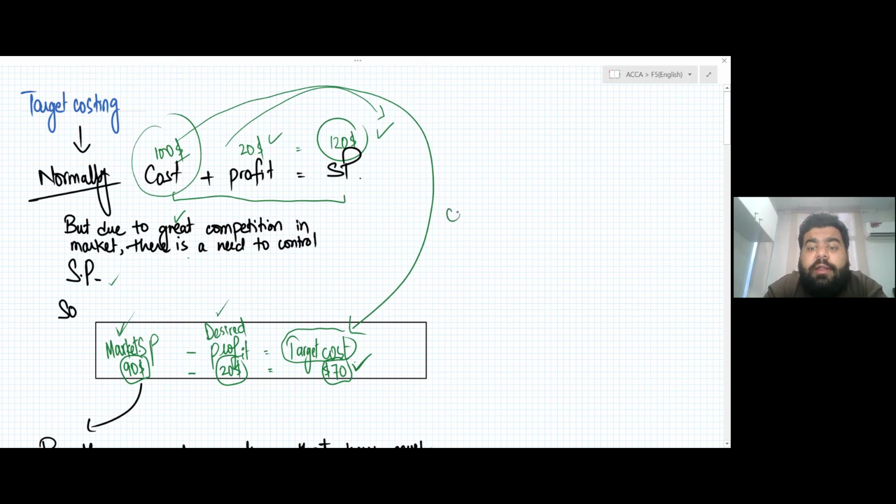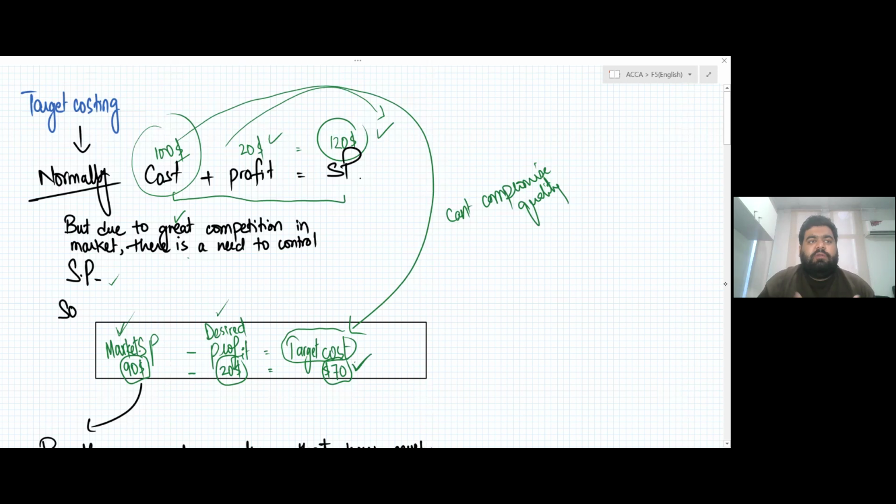But you can't compromise the quality. This is the big issue. Because obviously, if I want to cut down my cost, I can easily cut it down. How? By reducing the quality. But target costing says don't compromise quality. If you compromise quality, obviously you will not be at the standards of the market.